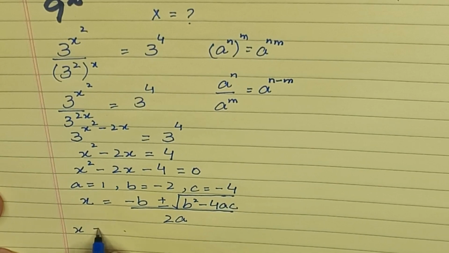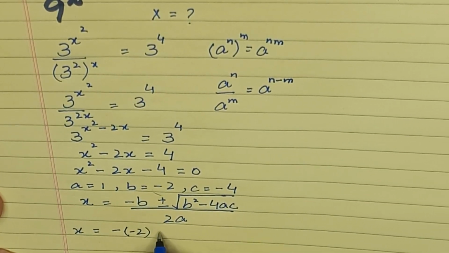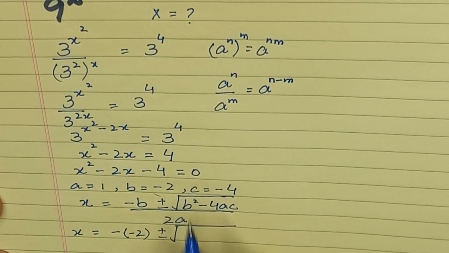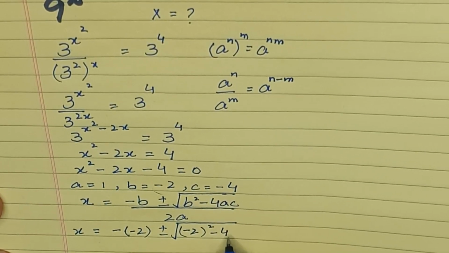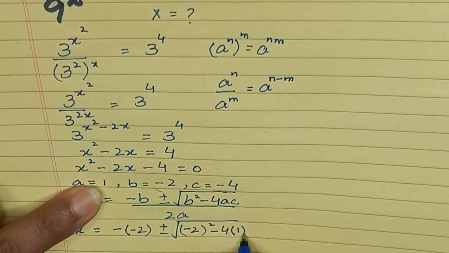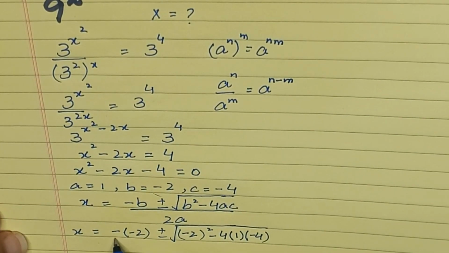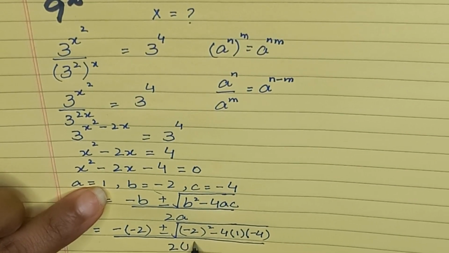So x is equal to −b, which is −(−2), ± square root of (−2)² − 4 times a, which is 1, times c, which is −4, divided by 2 times a, which is 1.